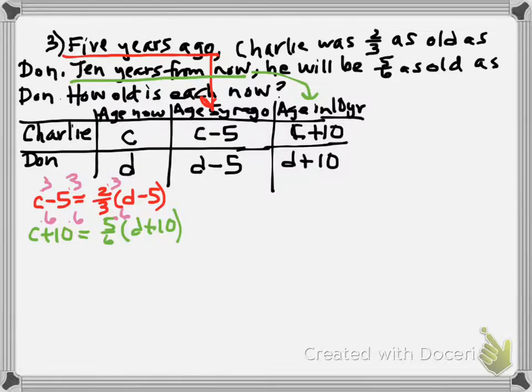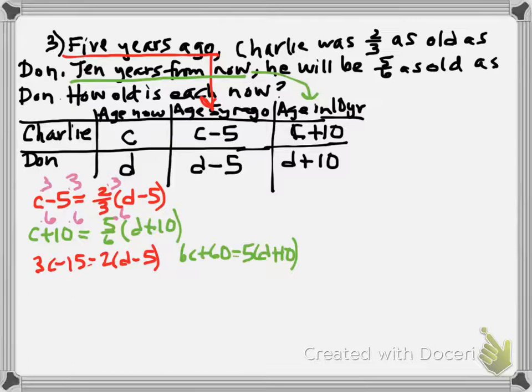So the top equation becomes 3c minus 15 equals 2 times the quantity D minus 5. And the other equation becomes 6c plus 60 equals 5 times the quantity D plus 10.